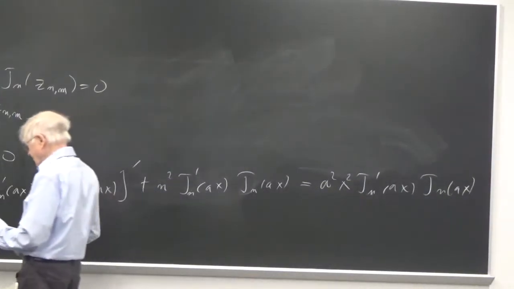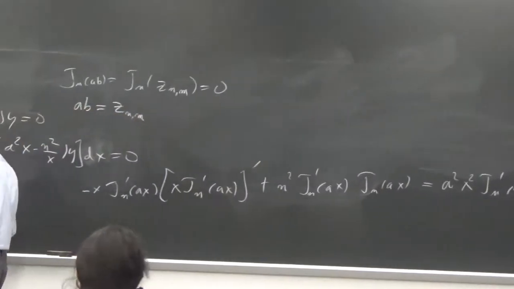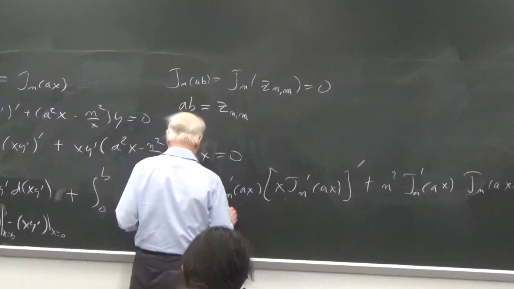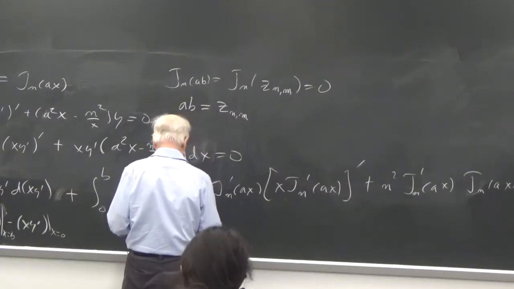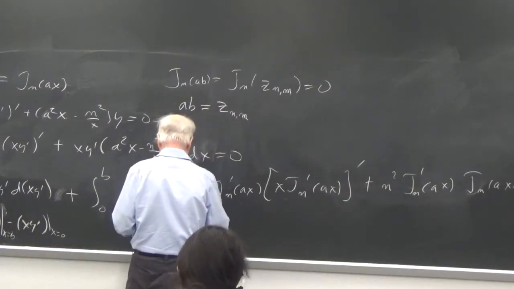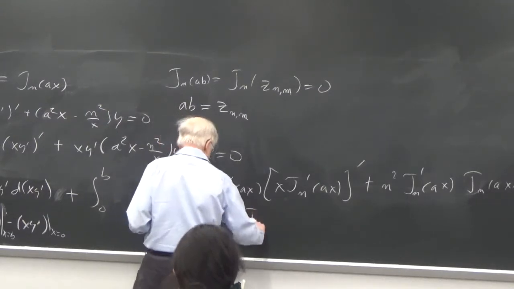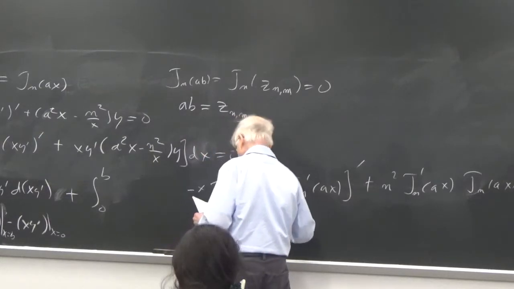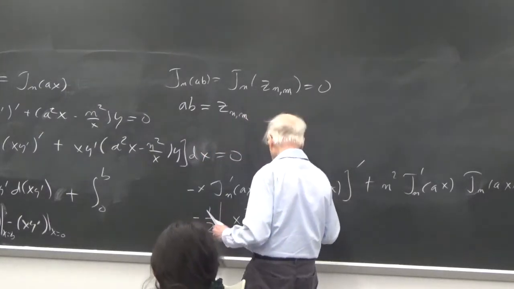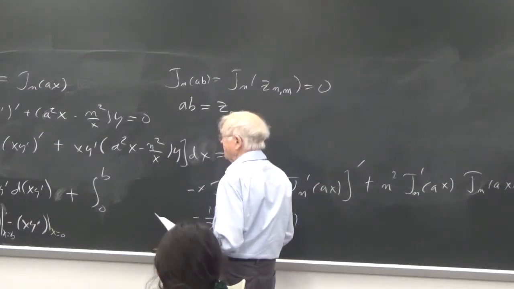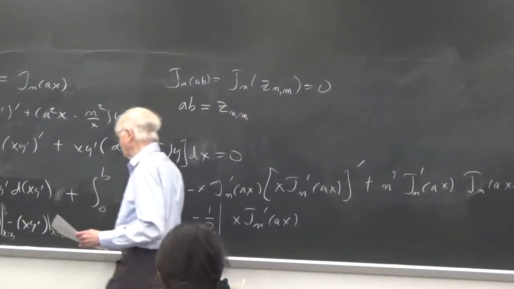So then if we integrate, we get, this part I already did, and so what we get is minus a half x Jn prime of x, actually, now that I think about it, I did the integral incorrectly.